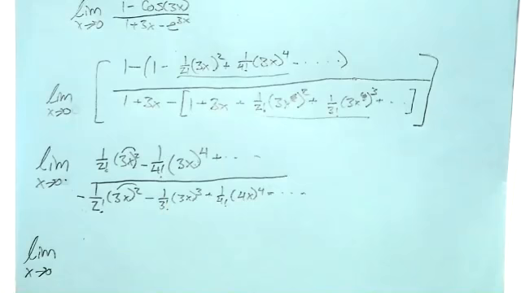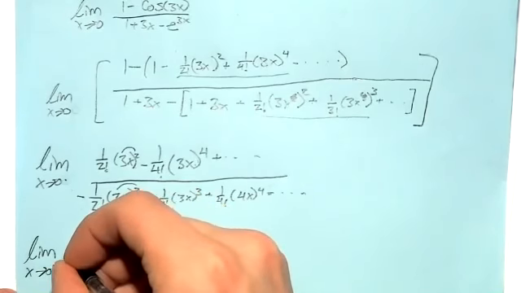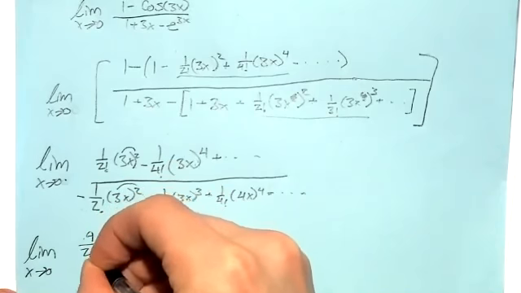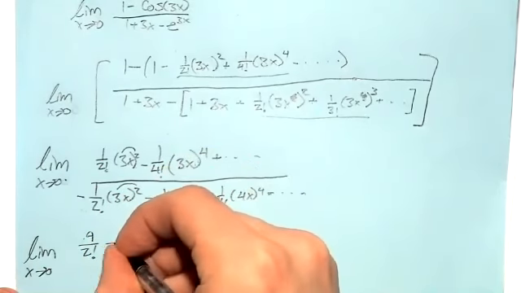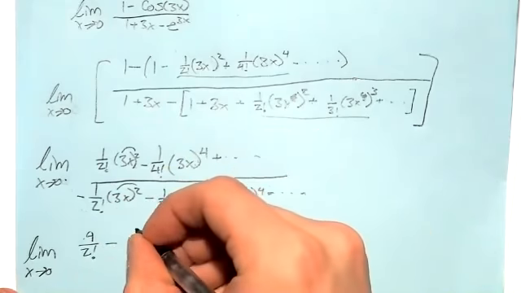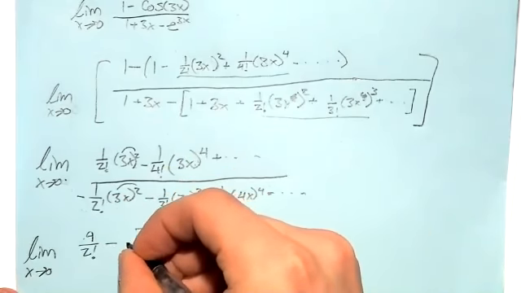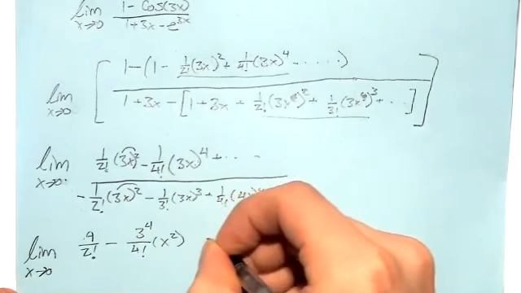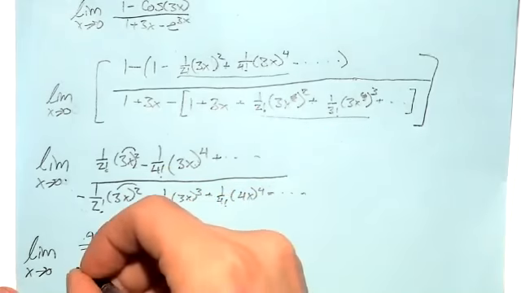So if we go ahead and do that, limit of 9 now, 3 squared over 2 factorial minus 3 to the 4th. I'm just going to keep it as 3 to the 4th over 4 factorial times x squared. And then we continue that out.